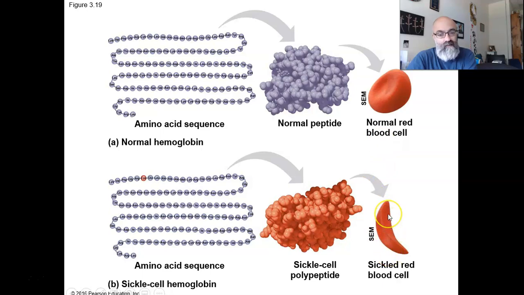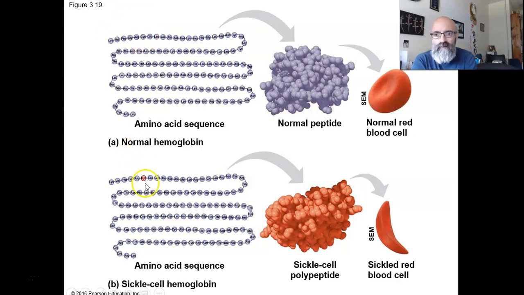It's the DNA in that person's cell, once it's translated into a protein. And this is a very well studied system, so they actually know exactly what causes this. There's a substitution.